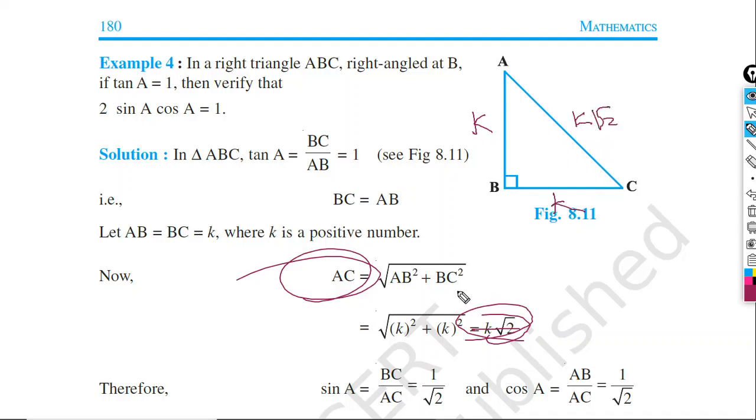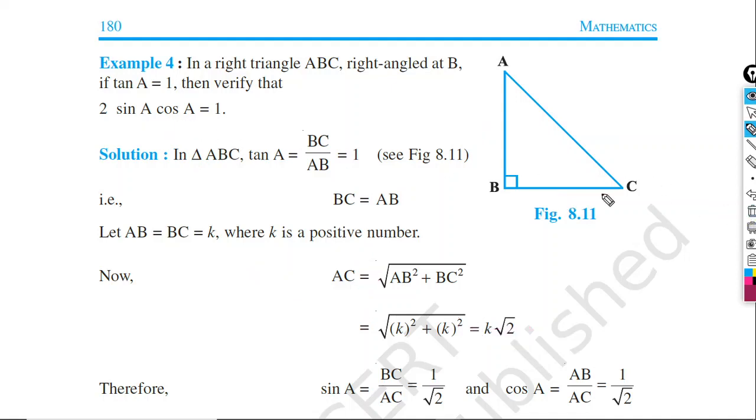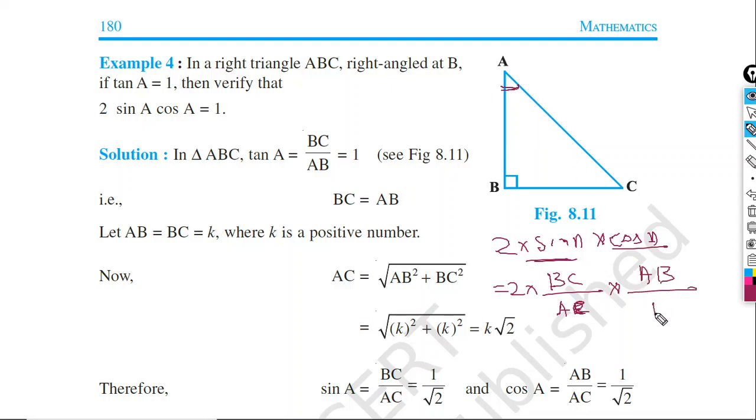Now what we have to find? Yes, 2 into sin A into cos A. Now 2 into sin A into cos A equals 2 into sin A, and sin A, you remember, equals the side opposite of angle A, that means BC by the hypotenuse AC, into cos A, which is the side adjacent of angle A, that means AB by hypotenuse AC.